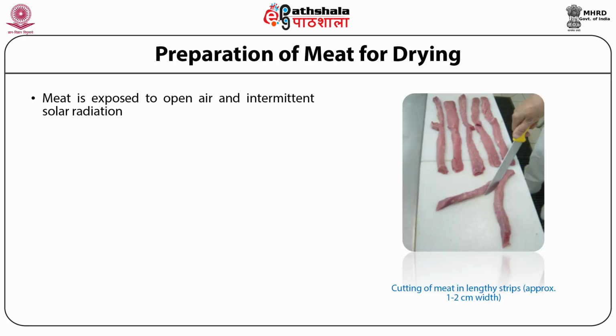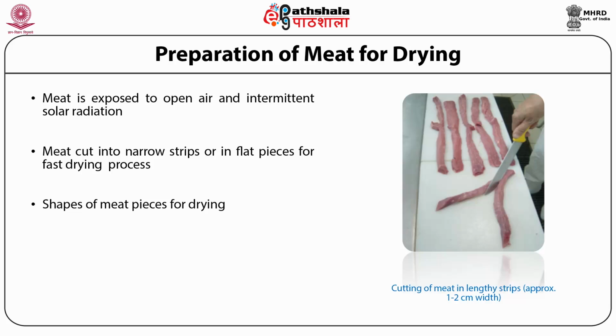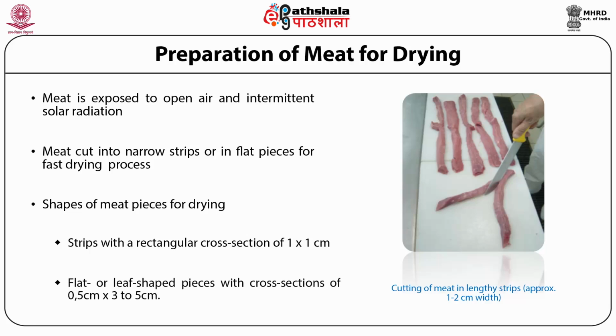In order to accelerate the drying process, in particular from the inner layers of the meat, it's therefore common practice to cut the meat in narrow strips or in flat pieces. Recommended shapes for meat pieces to be dried are strips with a rectangular cross-section of 1 x 1 cm, flat or leaf-shaped pieces with cross-section of 0.5 cm x 3 to 5 cm.